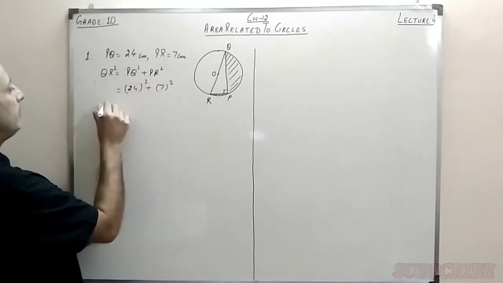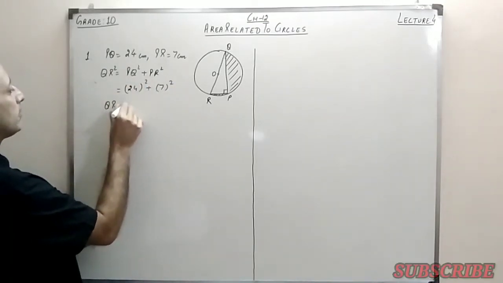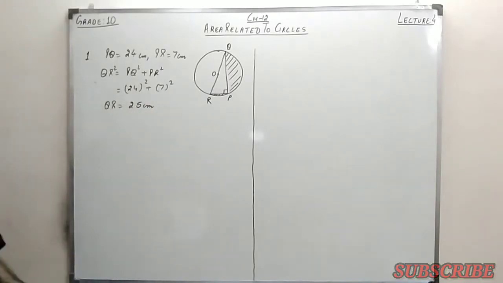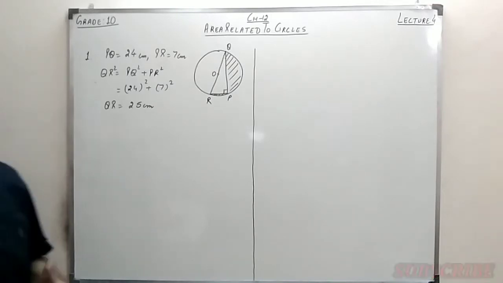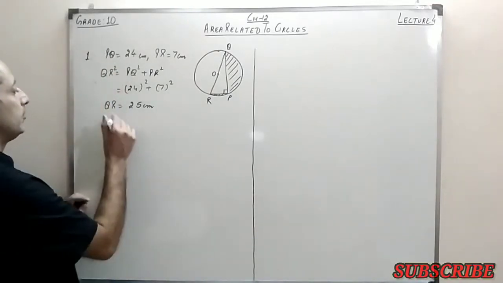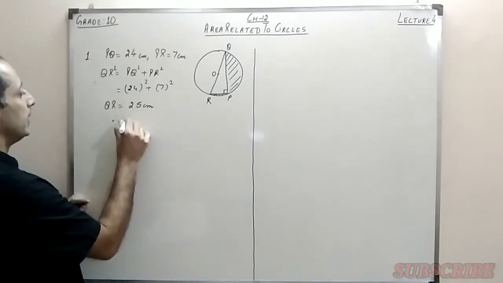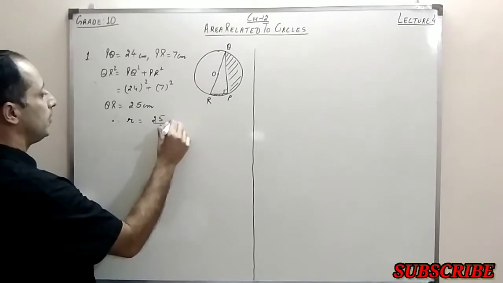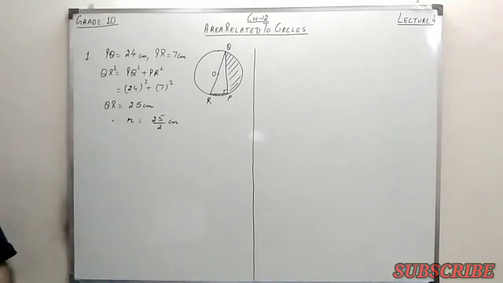After simplifying, you get QR equals 25 centimeter. Now we know QR is the diameter, and to find the radius we have to divide the diameter by 2. So therefore radius is equal to 25 upon 2 centimeter.